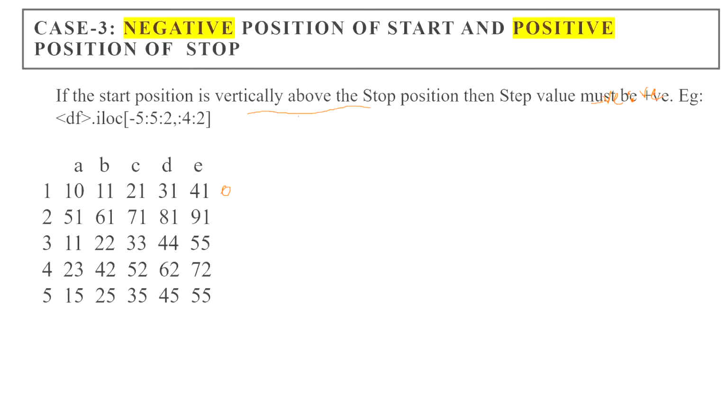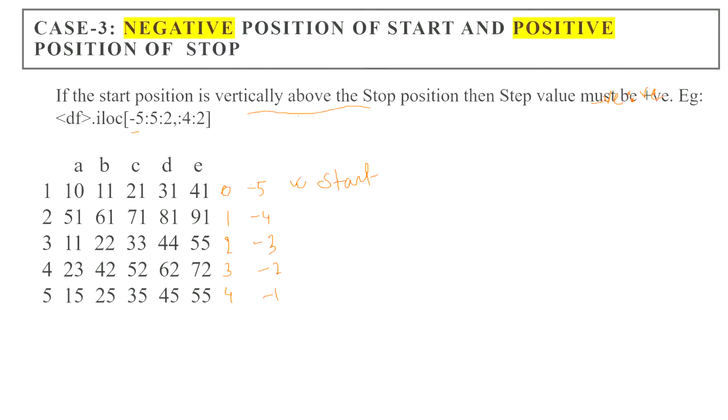So this is 0, 1, 2, 3, 4. Okay. Here it is -5, -4, -3, -2, -1. Okay. So we are starting from -5. Where is -5? Here is -5. This is the start position. Okay.